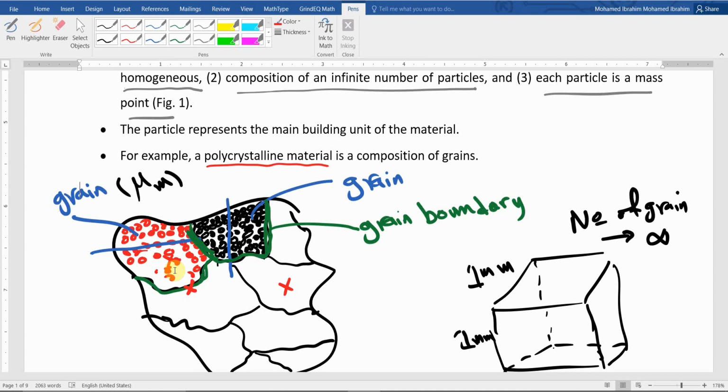But as we come closer to the grain size, or decrease the material size to be very close to the grain size, we will realize the heterogeneity of the material microstructure. But as we scale up and look from the bigger view, we will not sense the heterogeneity of the microstructure, and in this case we can deal with the material as a homogeneous material.